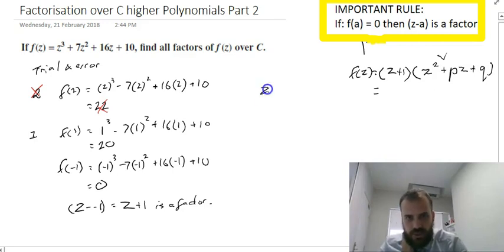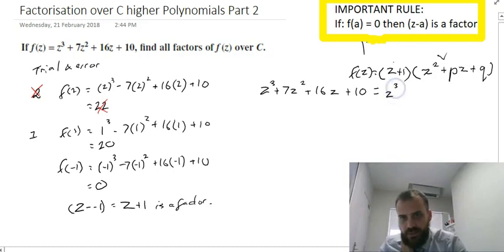So I can say that z cubed plus 7z squared plus 16z plus 10 is equal to, if I expand these brackets, z cubed plus pz squared plus qz, then plus z squared plus pz plus q.